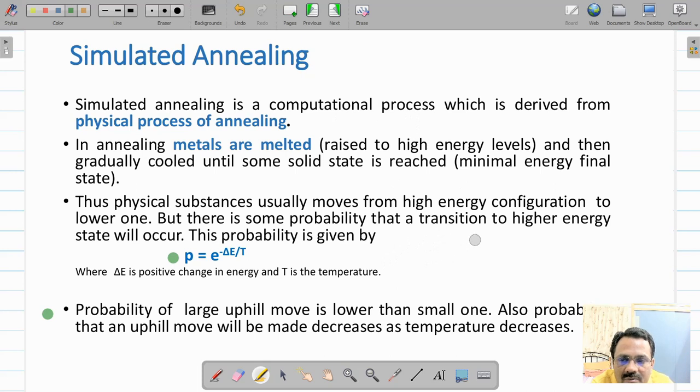Large uphill move means something like this. Uphill means going up, and that will be lower than a smaller one.